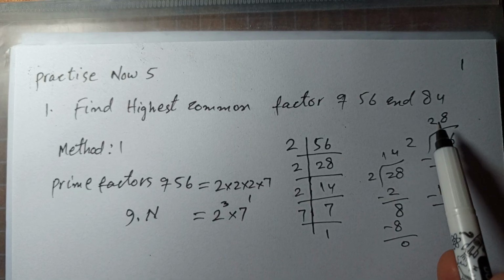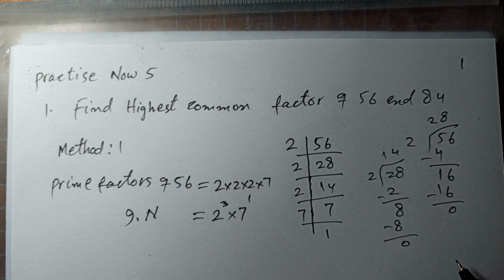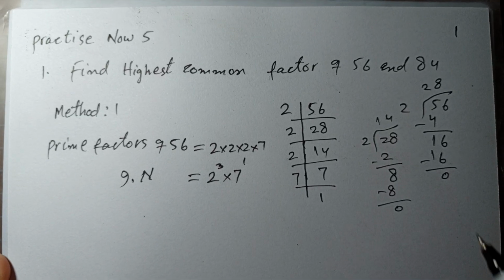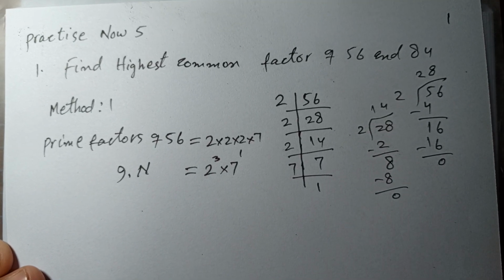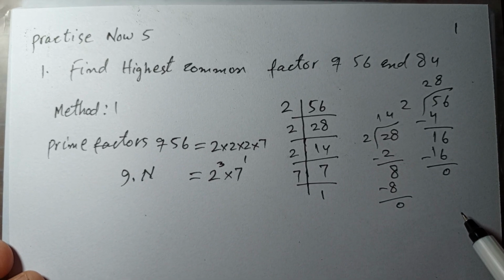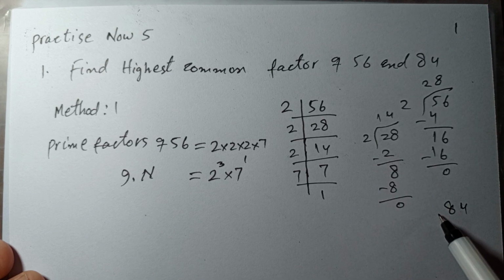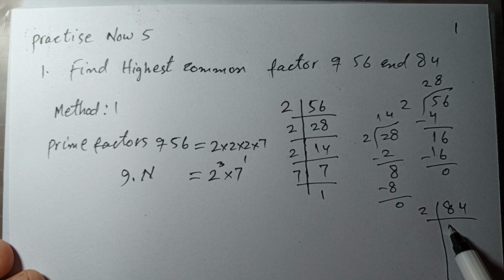Now find the prime factors of 84 in the same way. Divide 84 by 2. 2 4s are 8 and 2 2s are 4. When 84 is divided by 2, you will get 42.